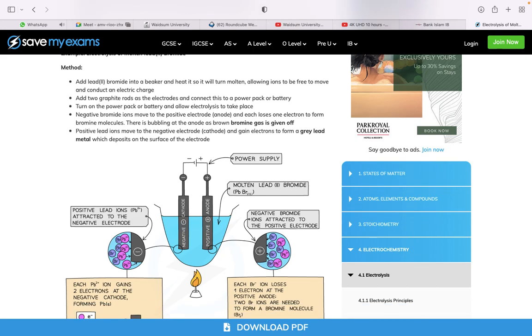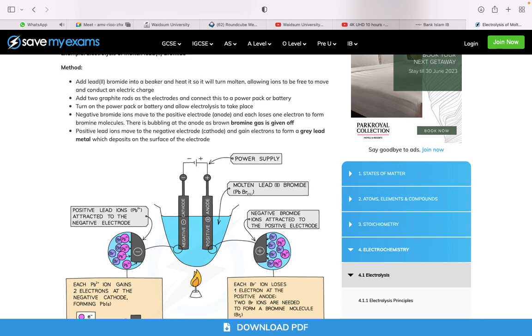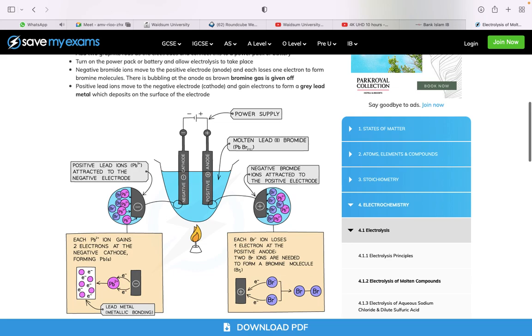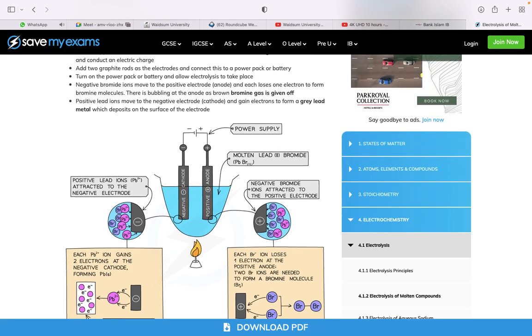We want to look at this electrolysis, and we take as an example molten lead bromide, lead(II) bromide, and put it in this vessel, and then we put in two electrodes. These could be carbon electrodes.